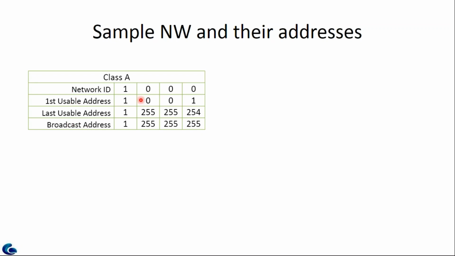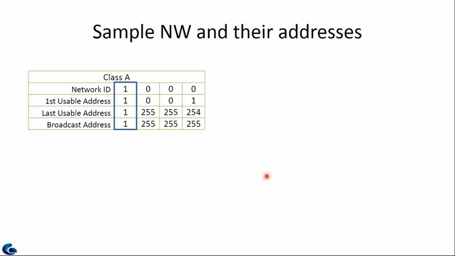One value above the network ID is the first usable address, which can be assigned to a host machine in this network. And the last usable address is one below the broadcast address. So 1.255.255.254 is the last usable, and it is very clear that 1.0.0.0 and 1.255.255.255, these two values for this network, should not be assigned to any host.